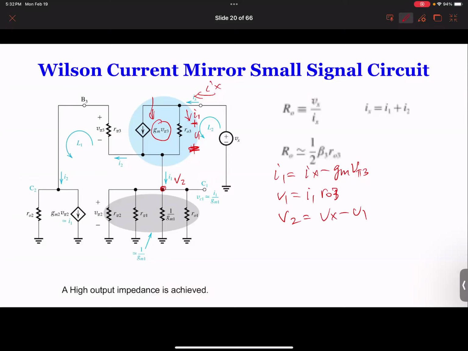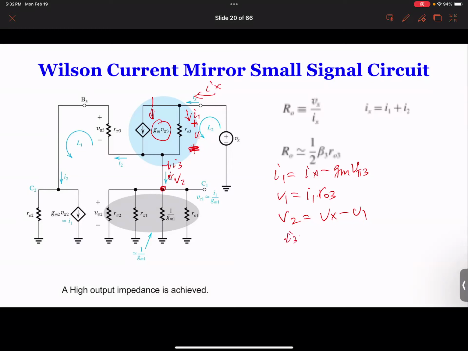Okay. And how much is the voltage across Rπ3? Actually, they call this I1. Oh my God. Let's call it I3.